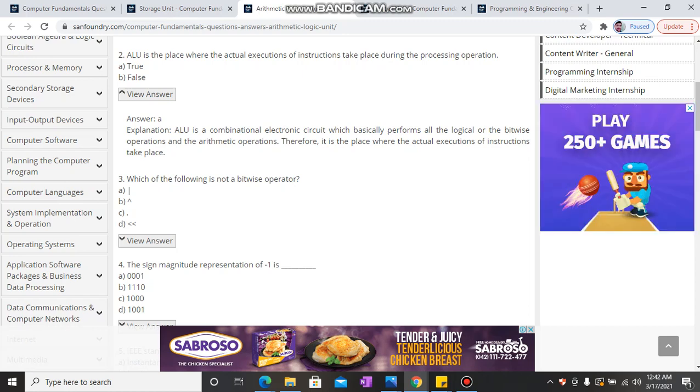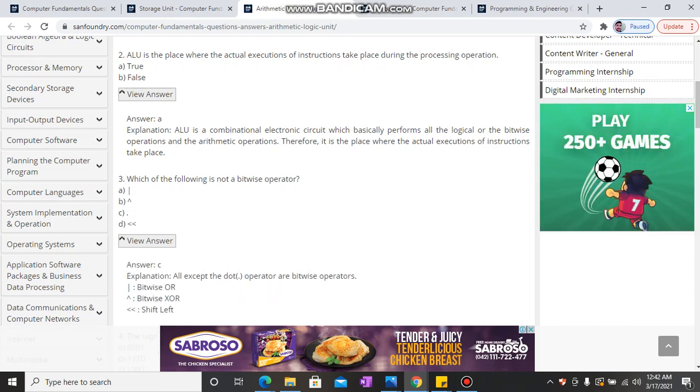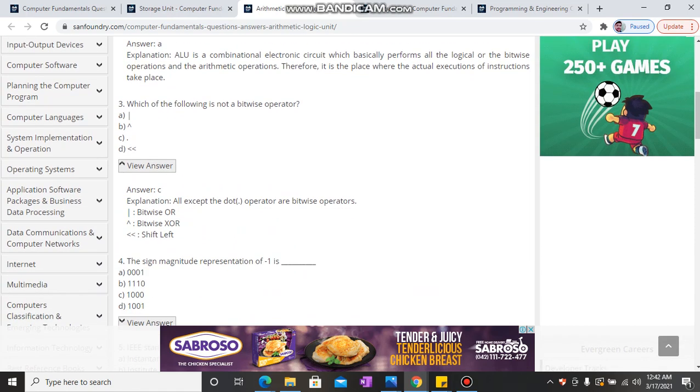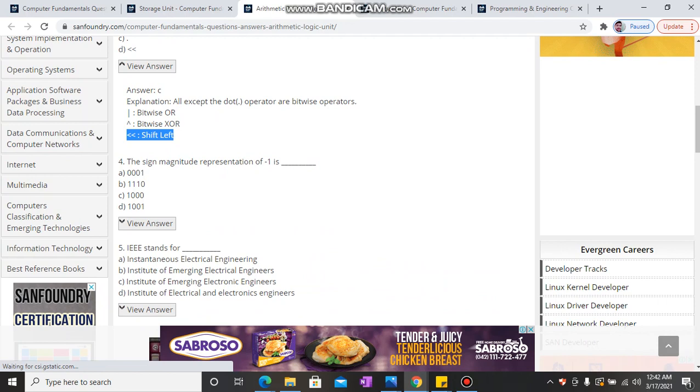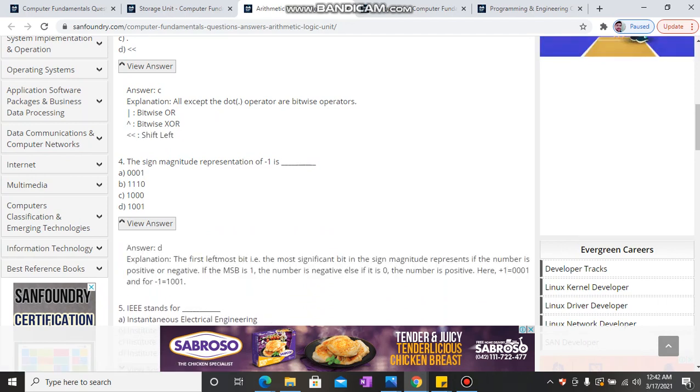Which of the following is not a bitwise operator? That is C, the dot. Explanation: all except the dot operator are bitwise, like bitwise OR, XOR and shift left. The sign magnitude representation of -1 is D, that is 1001. The leftmost bit, the most significant bit of the sign magnitude, represents positive or negative.